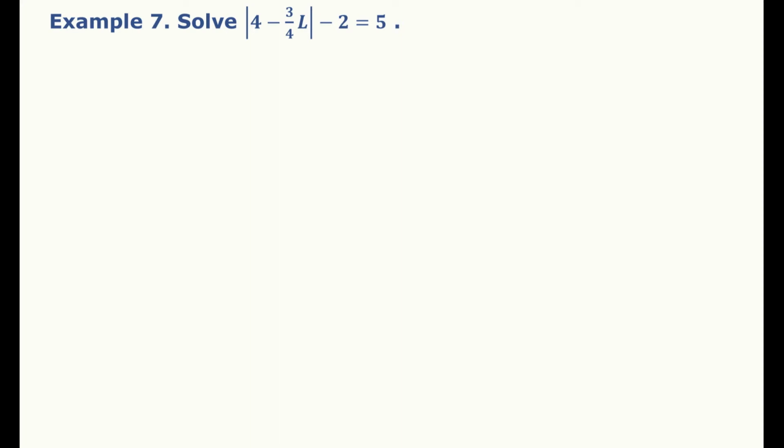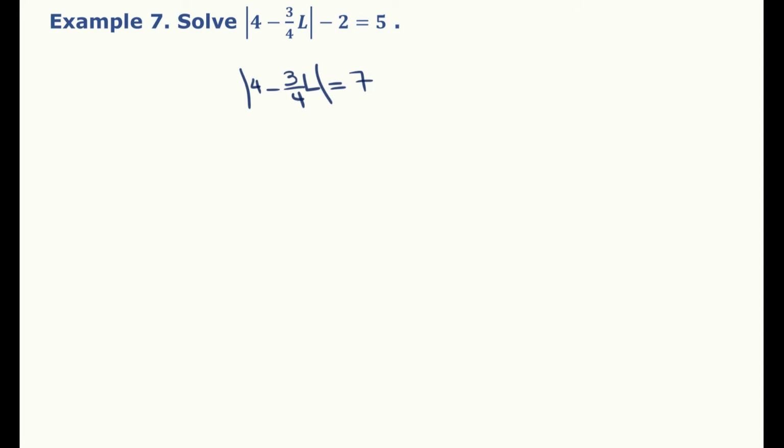We're going to go ahead and approach this like any other one, even though there's a fraction, makes no difference. So we're going to isolate the absolute value first. So that means we'll move this negative 2 to the other side by adding 2 to both sides. So we end up with absolute value of 4 minus 3/4 L equals 5 plus 2, which is 7. So now we have some expression whose absolute value is 7.